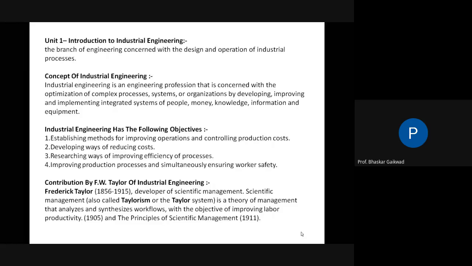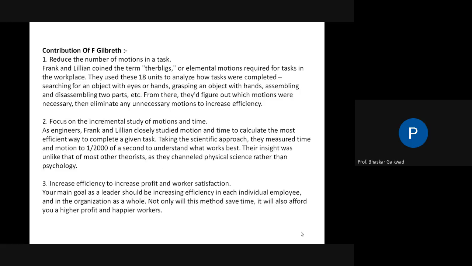So this is actually the core concept related to industrial engineering. And while developing industrial engineering, the two scientists, Gilbreth and F.W. Taylor, gave contributions. F.W. Taylor's is related to method study, and Gilbreth's to motion study.